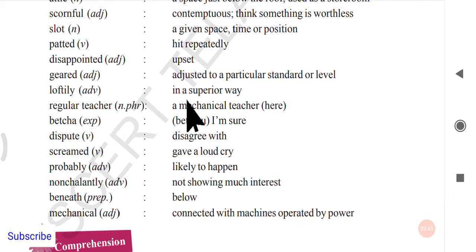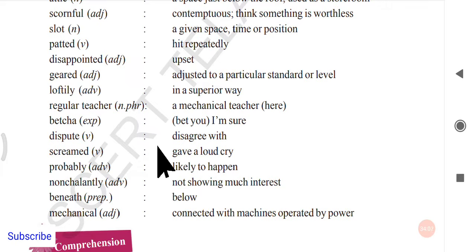Next, lawfully: in a superior way. Regular teacher: a mechanical teacher. Betcha: bet you, I'm betting you. Dispute: disagree with. Screamed: gave a loud cry. Probably: likely to happen. So probably we might have this type of classroom in our future.